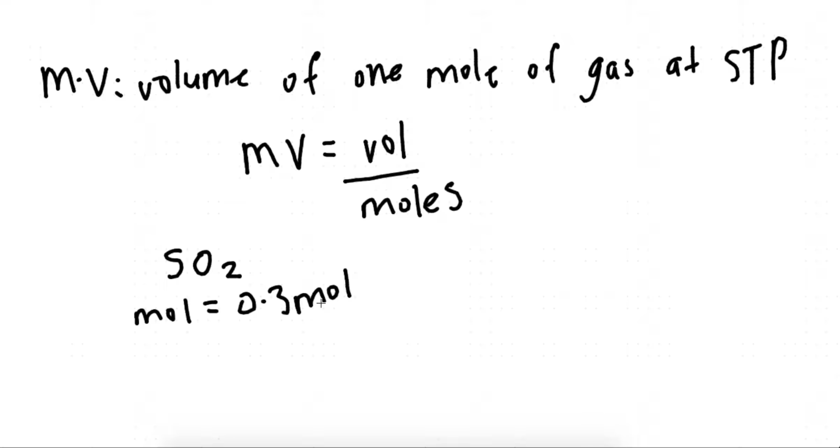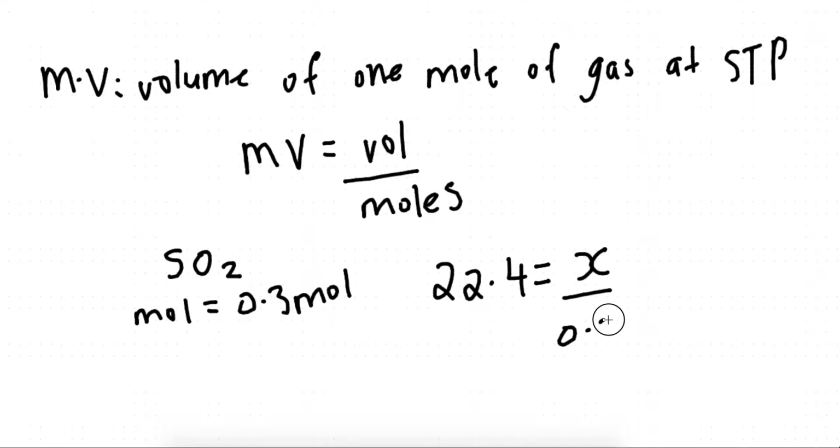Are we given the molar volume? No, but we know it's STP, and remember I said the molar volume is always fixed, 22.4. So that's it, guys. Plug in: molar volume is 22.4 equals, we don't know the volume, so x, over number of moles, which is 0.3.